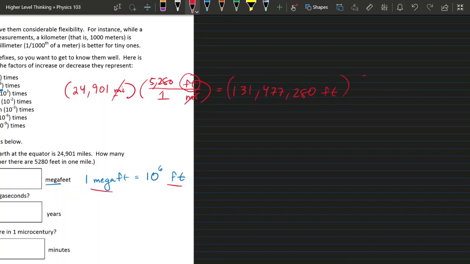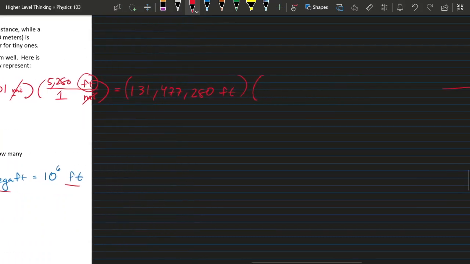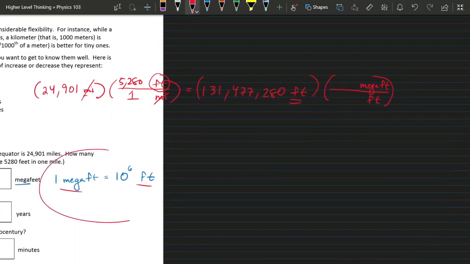So now we want to go from feet to megafeet. So let's set up another conversion where we have feet up top here, so we want feet on the bottom here. And let's put megafeet here. So going back to what we said with our conversion, 1 megafoot is the same thing as 10 to the 6th feet.